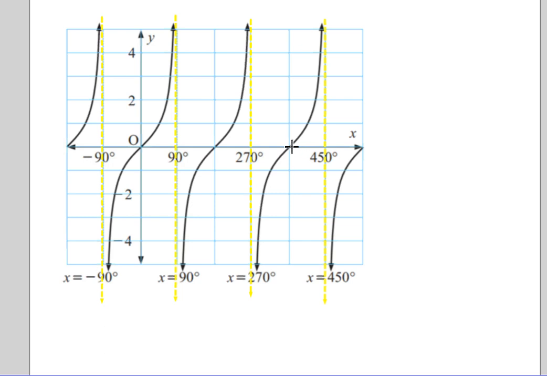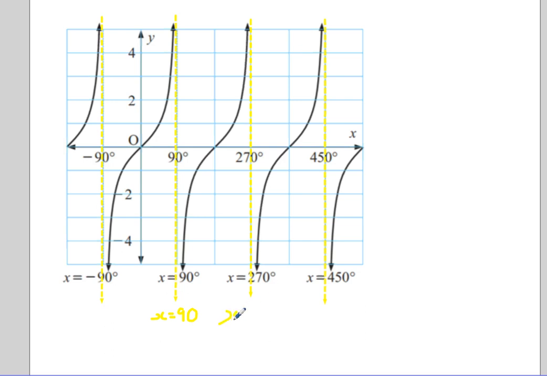Let's label in our asymptotes. So our vertical asymptotes: here's one at x equals 90. That's one asymptote. Notice the equations are written here anyway, but let's just write them in yellow, just so we realize that they mark where the asymptotes are. 270.